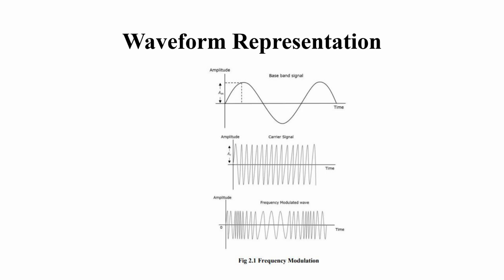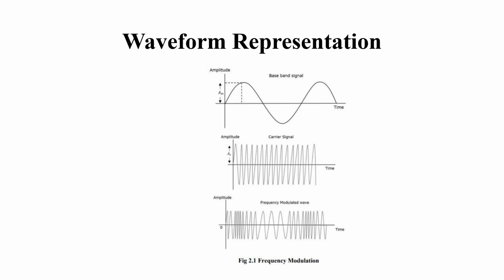It is constant. In the case of frequency, when we compare with the message signal, if the amplitude of the message signal increases from 0 to the maximum peak, the frequency used to represent it will be high. Once the signal reaches its maximum amplitude and then decreases towards the negative half cycle, the frequency of the modulated signal is also low.